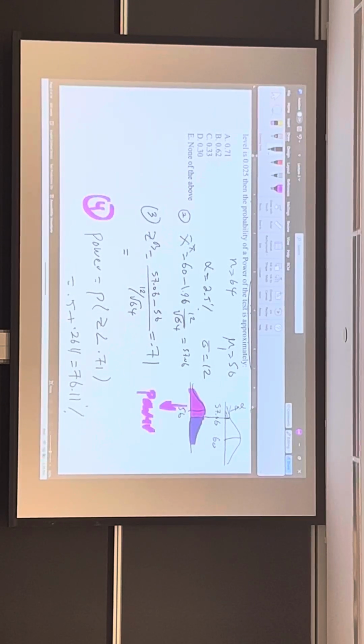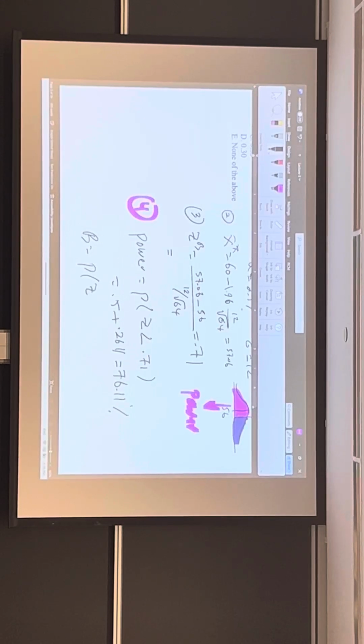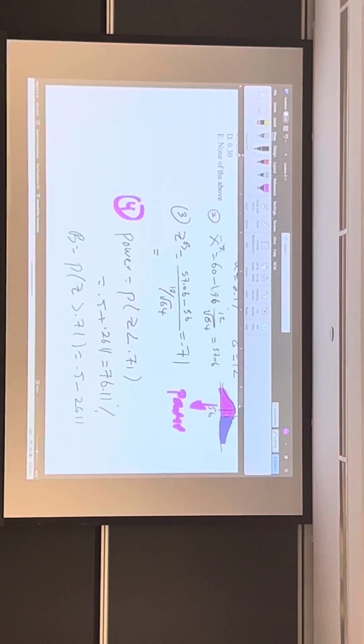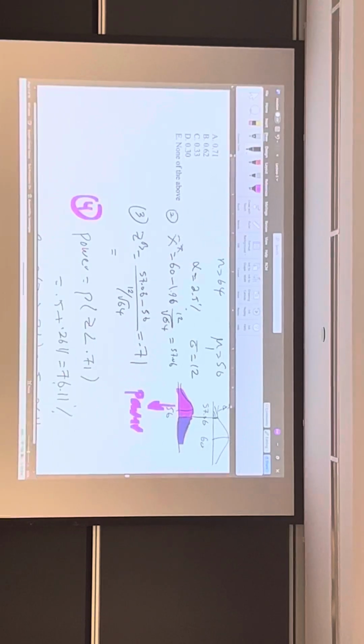Right? That is your power. The beta would have been the probability that Z is more than this one, which would have been 0.5 minus 2611, which would have been around 33%, which would have been this one.